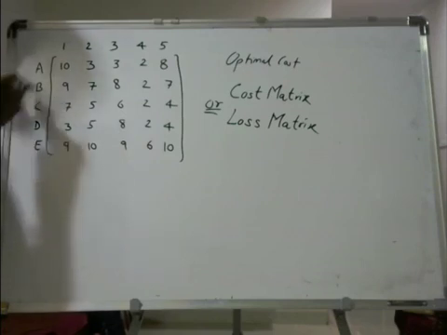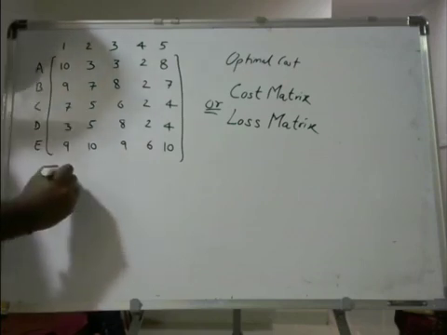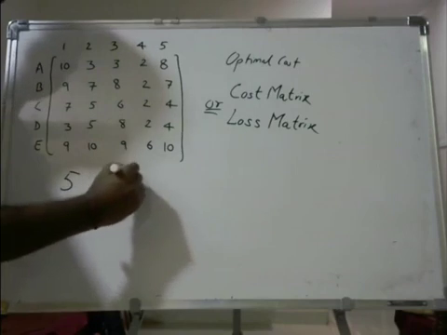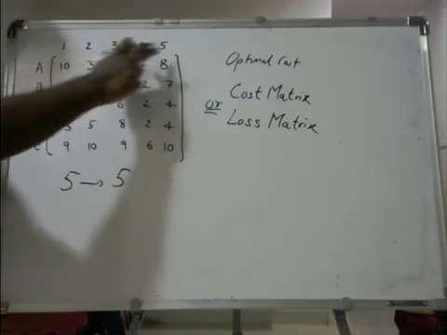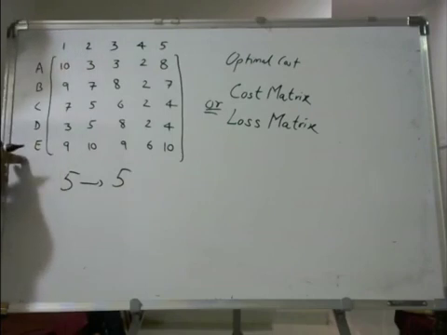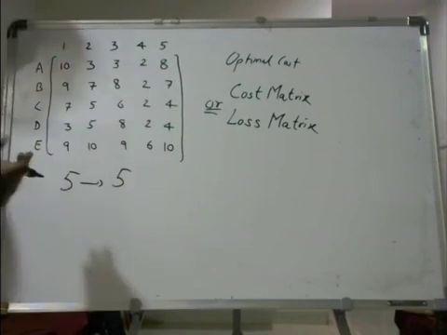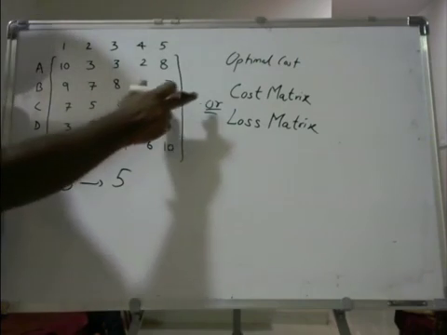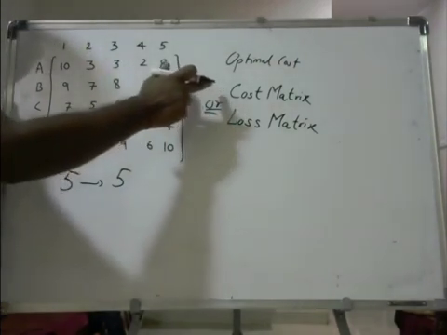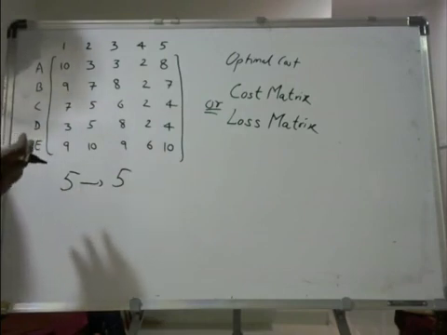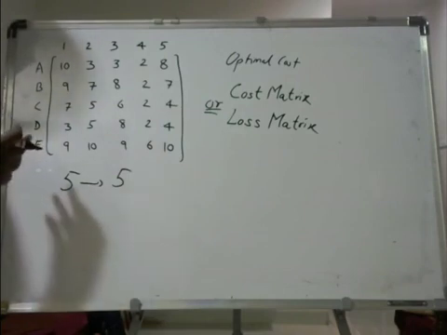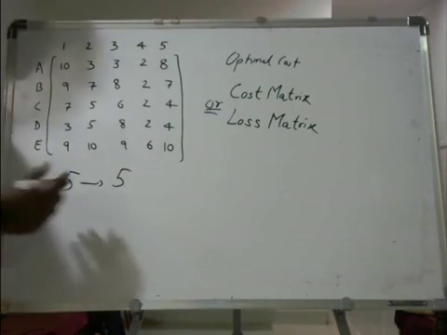Now, 5 people are there and 5 jobs are there. Which job has to be assigned to which person, that we need to see, in such a way that the cost of assigning the work will be minimum.